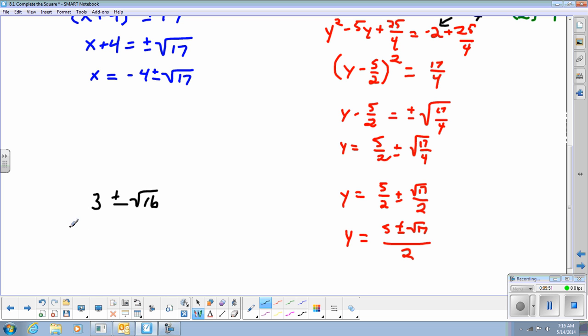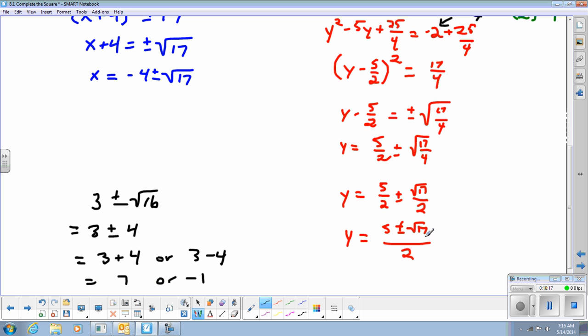So I would change that to 3 plus or minus 4. And since now I have integers, I'll break it apart into two little problems, 3 plus 4 or 3 minus 4, and I get answers of 7 or negative 1.